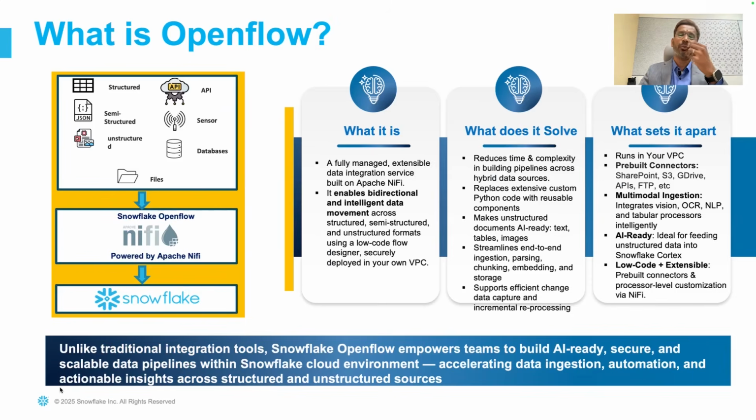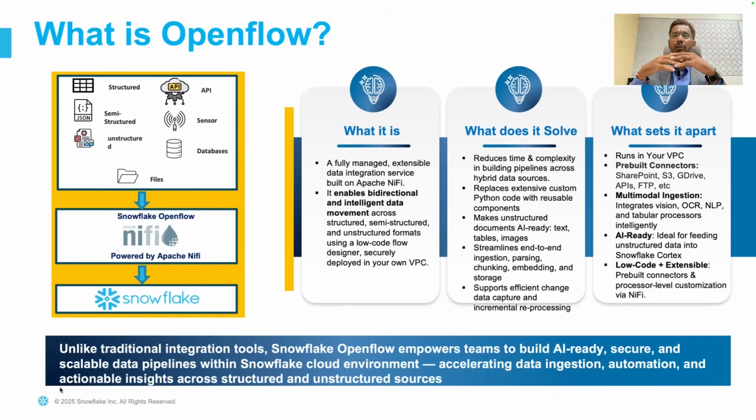What sets OpenFlow apart? As you can see on the right of your screen, there are pre-built connectors that come out of the box with OpenFlow. When I say pre-built connectors, what I mean is OpenFlow comes with a rich library of pre-built connectors for common sources, whether it is your SharePoint or S3 or Google Drive or APIs, FTP, and many more.